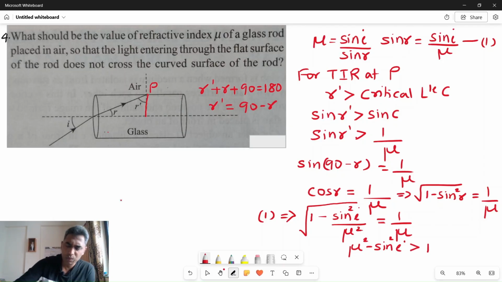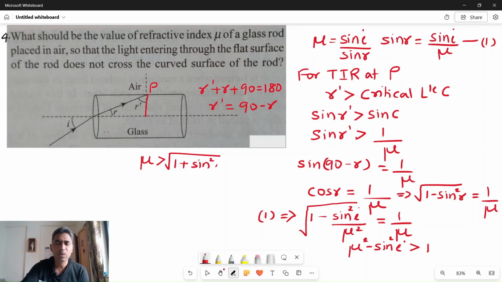So mu should be greater than root of 1 plus sine square I. There is no space. Okay. So mu should be greater than root of 1 plus sine square I. If you just simplify this.